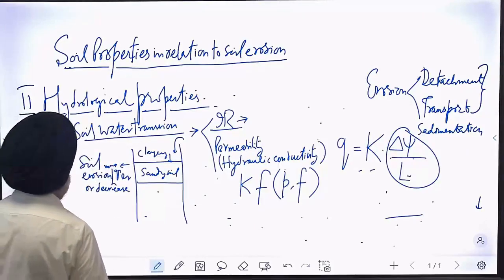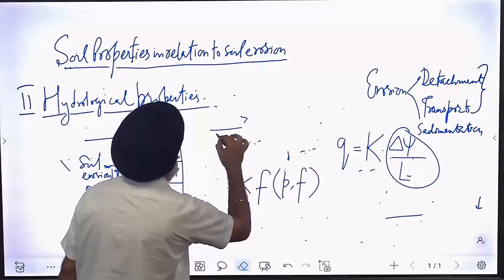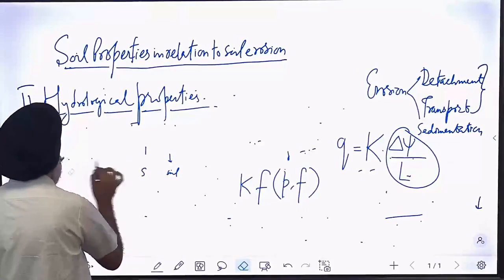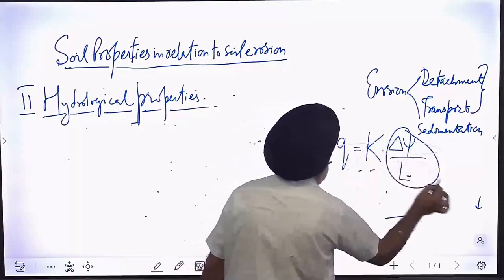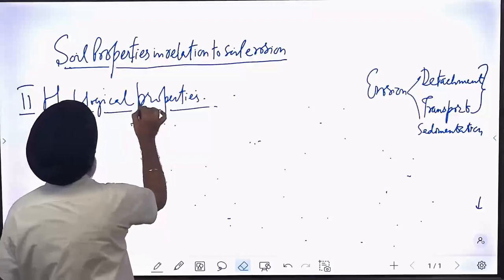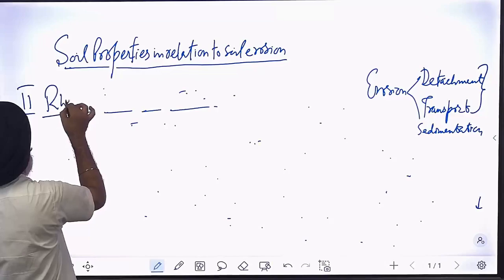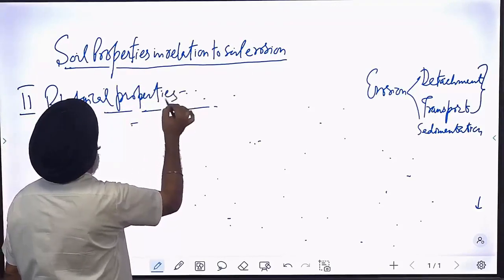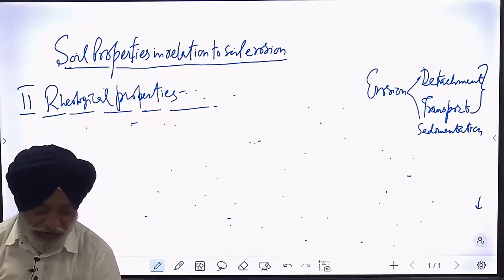Third group of properties are the rheological properties. Basically, rheology is a science that describes the behavior of soil particle, soil water system.